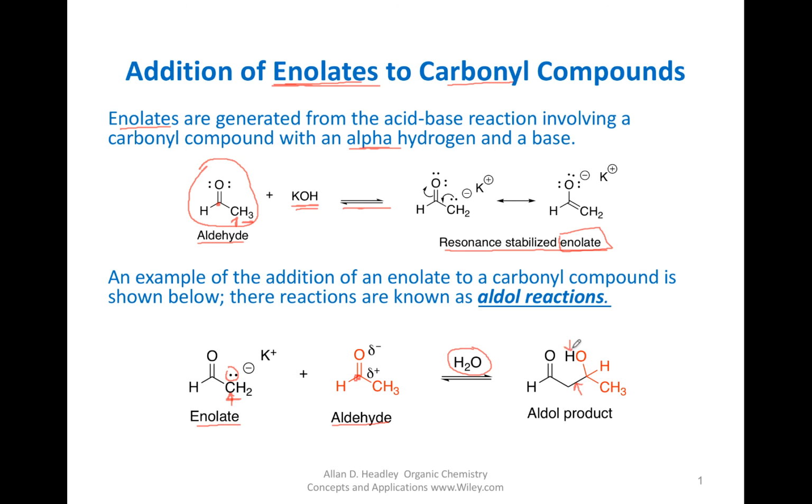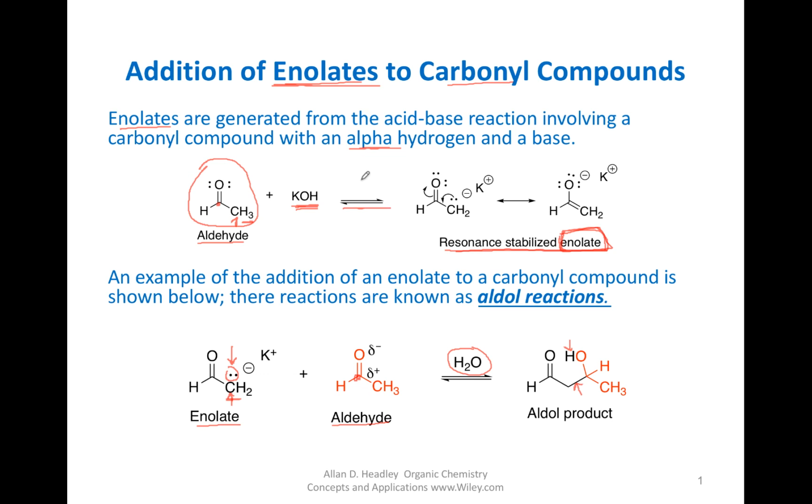So once again, let's review this. We have here an aldehyde which has acidic hydrogen based on the alpha hydrogen. In the presence of a base, we generate here a resonance stable enolate. Notice the term, enolate. The enolate is nucleophilic, as you can see here.